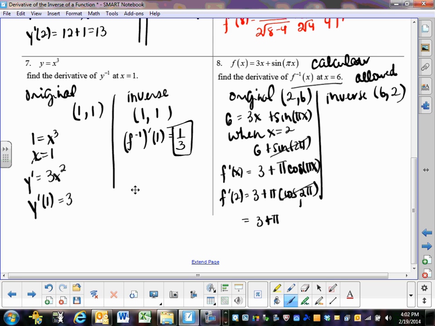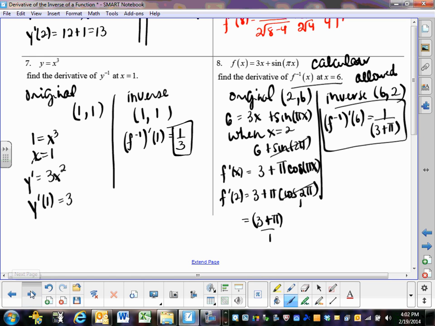Okay, I would allow the calculator on this one. I'm going to set up that if the inverse function has the point x is 6, then the original function has to have the point y is 6.